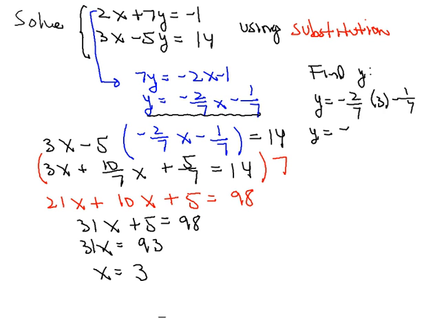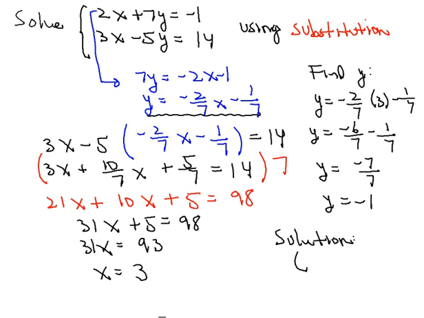So y is equal to negative 6/7 minus 1/7, which would be negative 7/7 then, or y would be equal to negative 1. So again, the solution we can see is the ordered pair (3, -1).